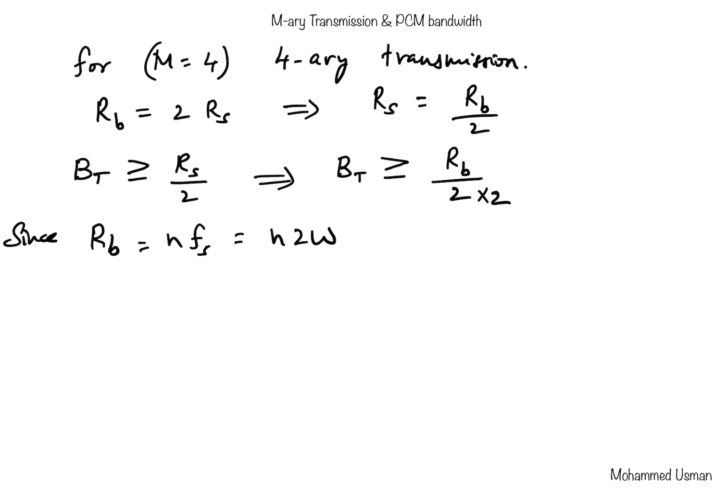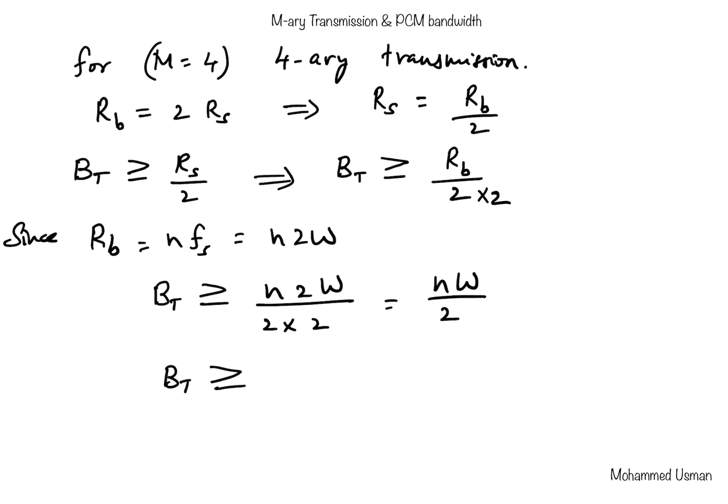So we can replace Rb with N times 2W. So the transmission bandwidth can be represented as at least N times 2W by 2 into 2. So the 2 and 2 will go, so it's N times W by 2.